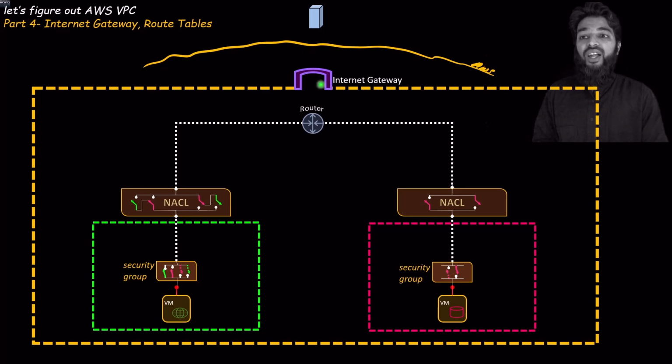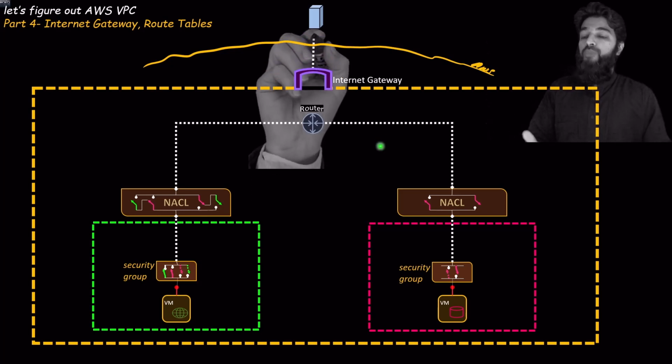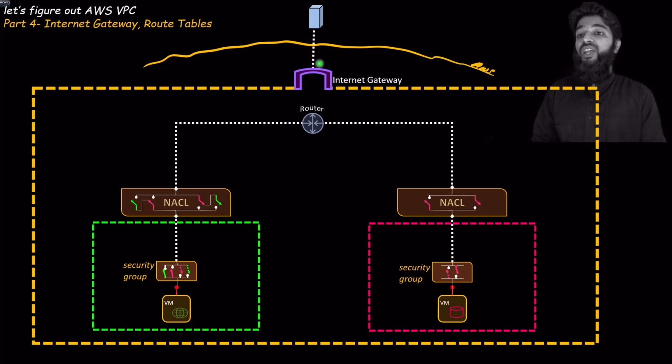Once you create it, all you have to do is attach that Internet Gateway to the VPC. Once you do that, your VPC will have internet connectivity to the outside world, which means once a request reaches the Internet Gateway, it can forward the request to other publicly available servers.